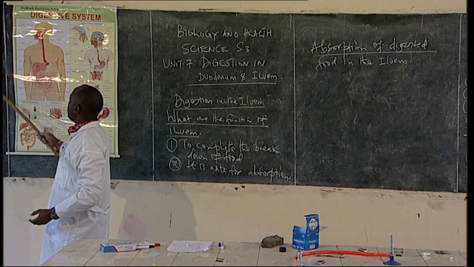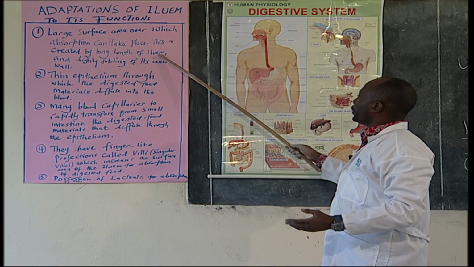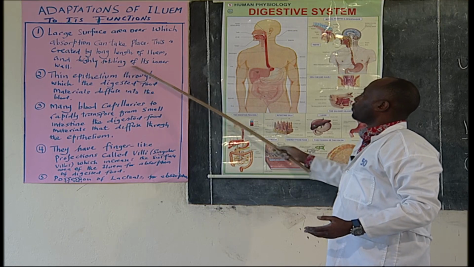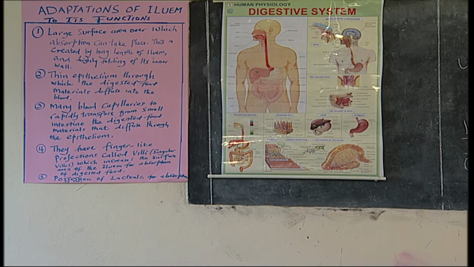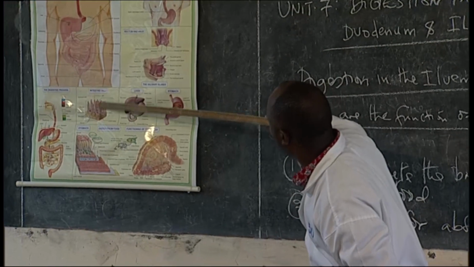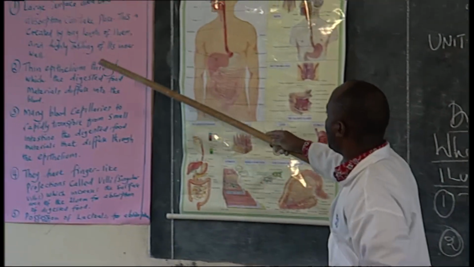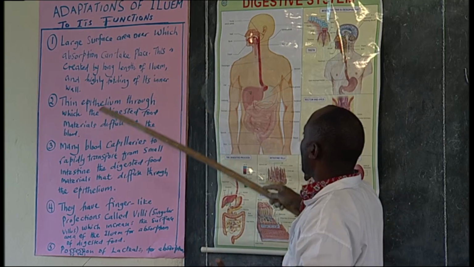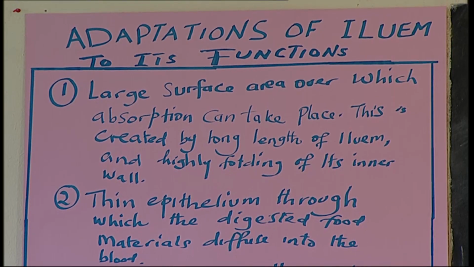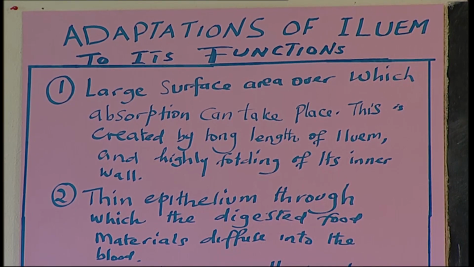This is created by the long length of the ileum and a highly folded inner wall. As you can see on the diagram, the inner wall is folded. That creates a large surface and enables it to carry out the process of absorption.